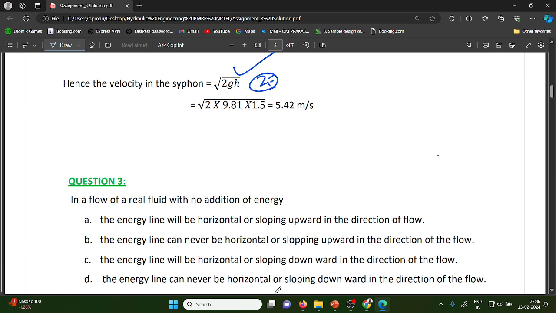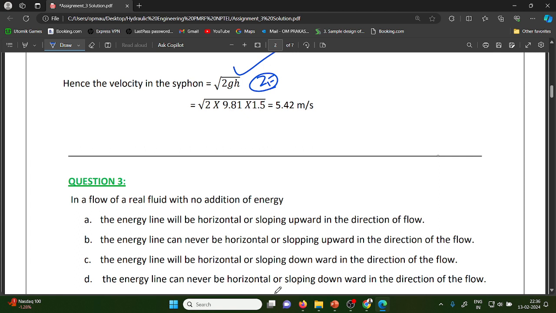The energy line can never be horizontal or sloping upward in the direction of flow. The energy line will be horizontal or sloping downward in the direction of flow. The energy line can never be horizontal or sloping downward in the direction of flow.